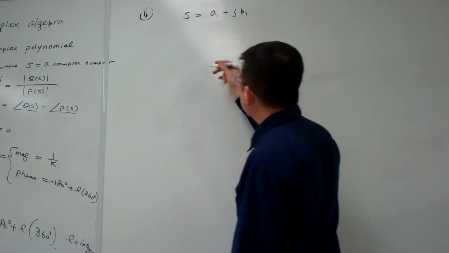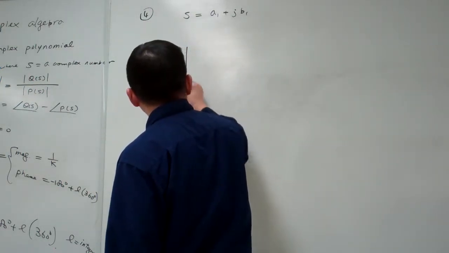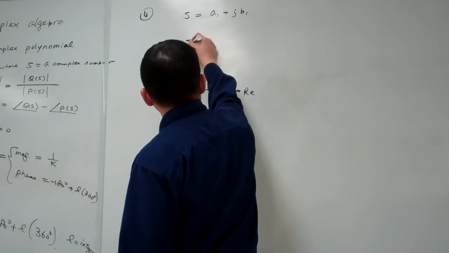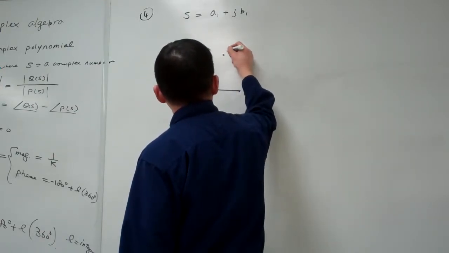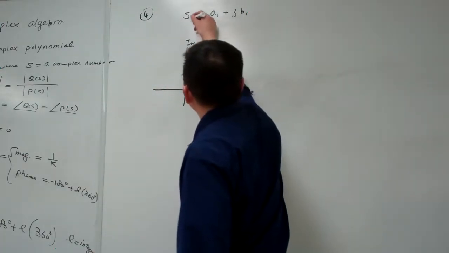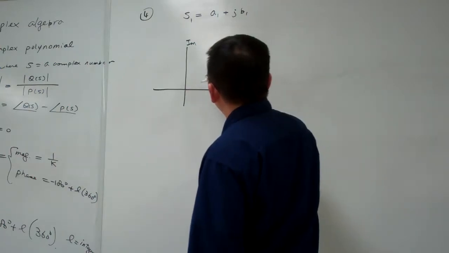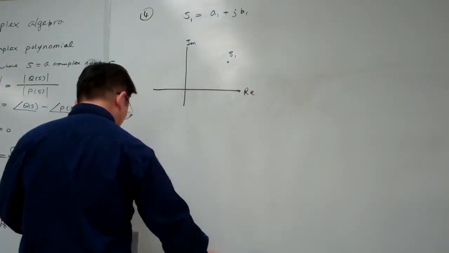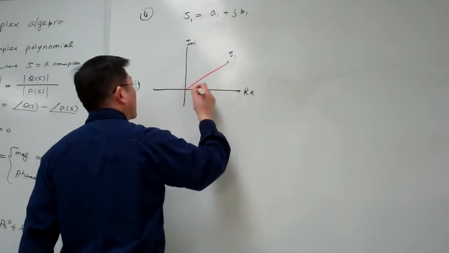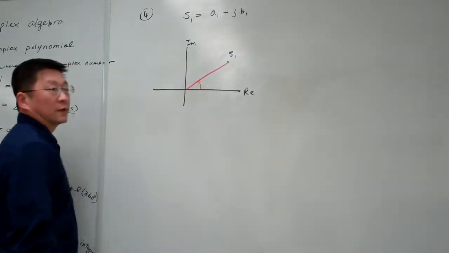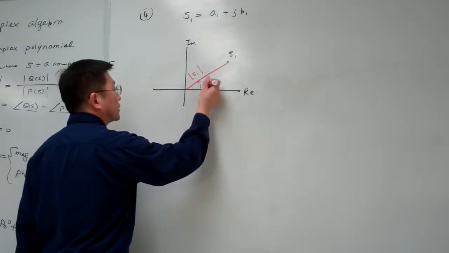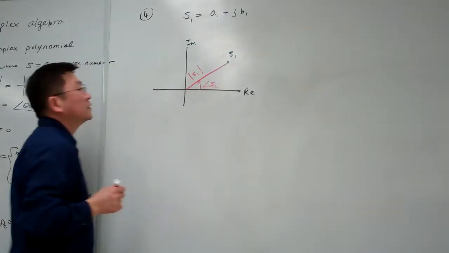In that particular case, I draw it like this. This is the real part and imaginary part, and S1 is here. In that case, we have the magnitude and we have the phase angle, right? So this is the magnitude of S1, and this is the phase angle of S1.